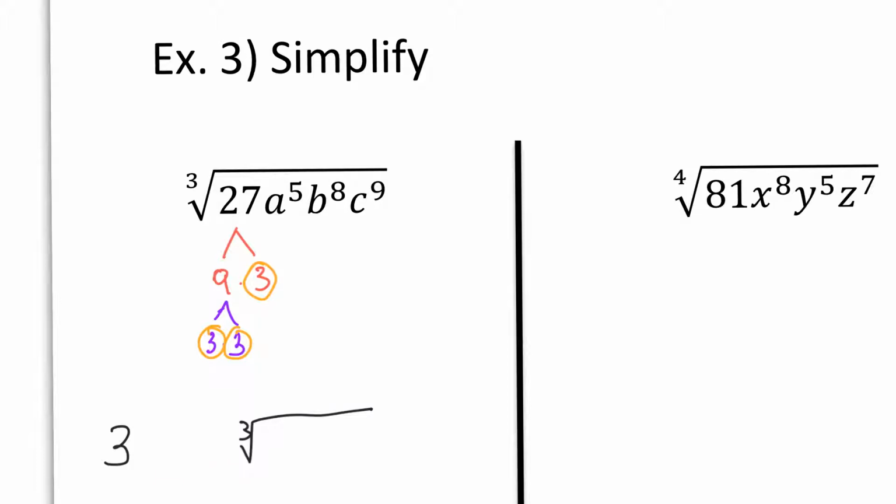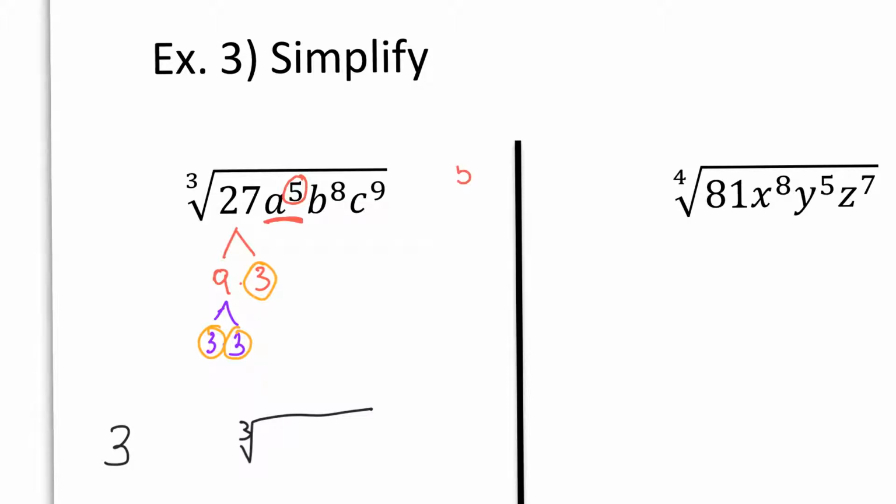Now, how do you simplify a to the 5th power when you're looking for the third root? Let me underline what we're working with here, a. The exponent of the a is 5, and this is a shortcut you can use. Instead of expanding a times a times a times a times a, you can divide the exponent of the a by the root. I'm going to do the work on the side.